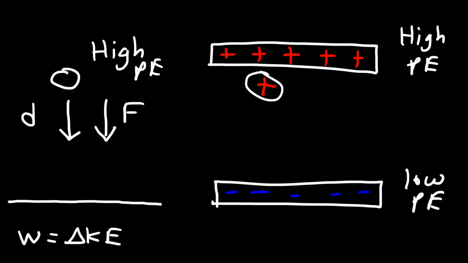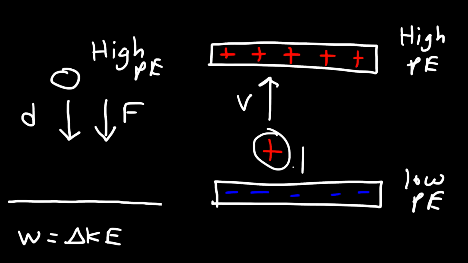Now, we talked about another scenario where a positive charge was given an initial velocity towards the positively charged plate, but it still feels a force that accelerates it towards the negatively charged plate, because a positive charge will always feel a force in the same direction as the electric field. For negative charges, it's opposite to that.